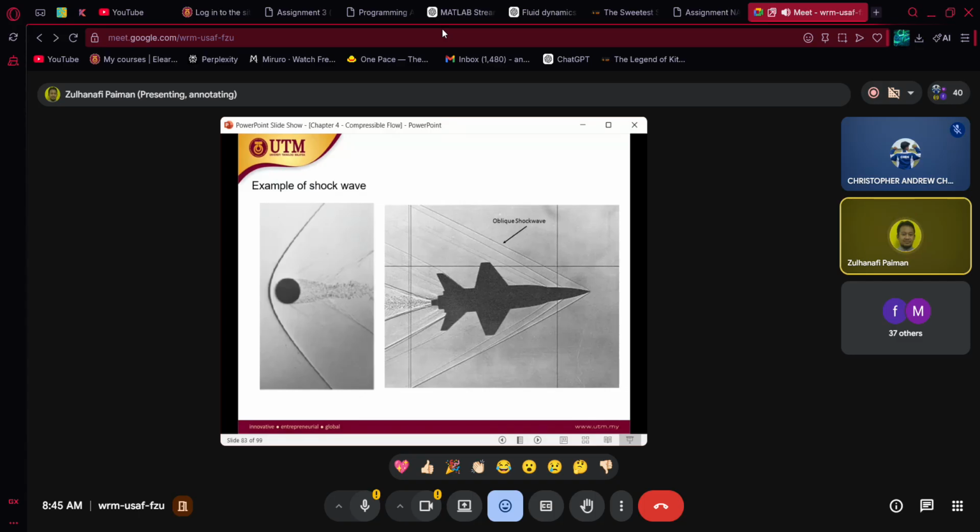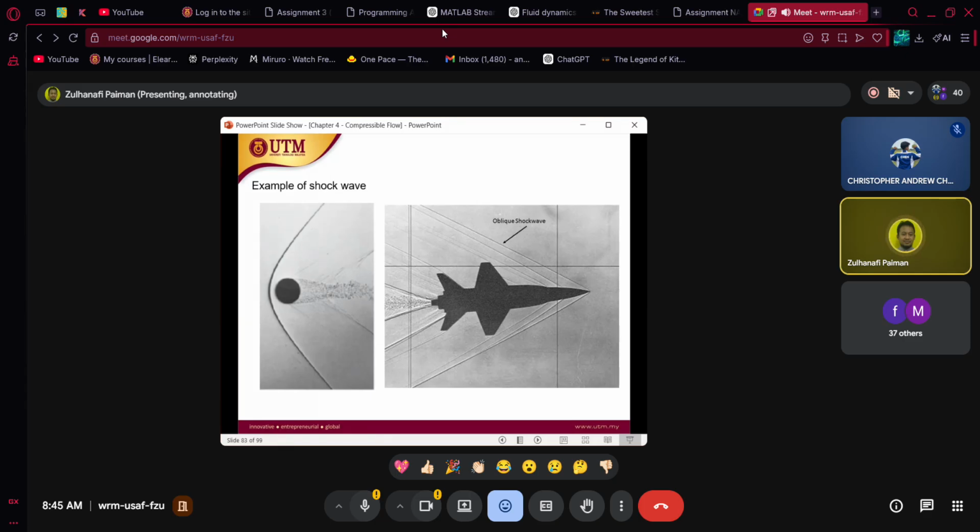So what is a shock wave? Visually, this is the shock wave. When the object is moving at supersonic flow, it must move at supersonic flow, then the shock wave will appear. The shock wave will form. For example, the image on the left is basically like a bullet.